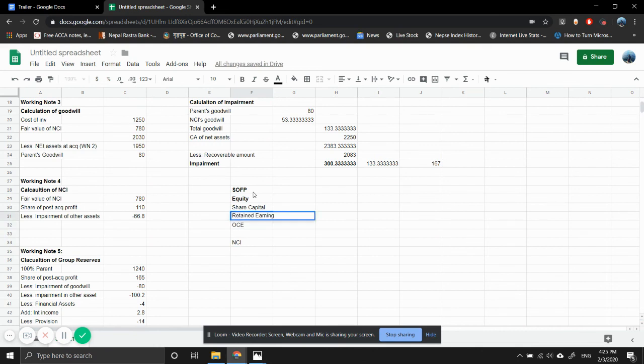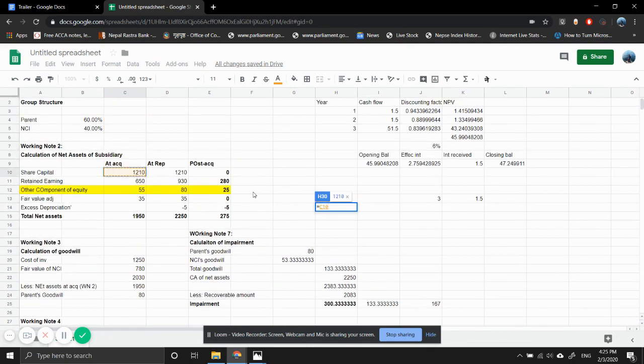So this will be working note 5, working note 4, working note 6. The share capital will be, where did that figure go?